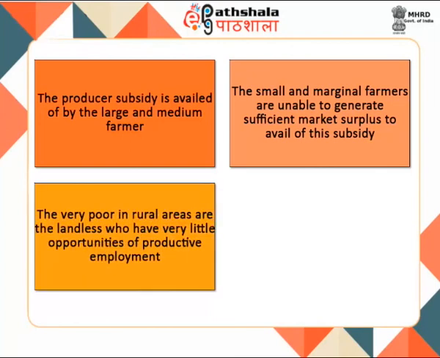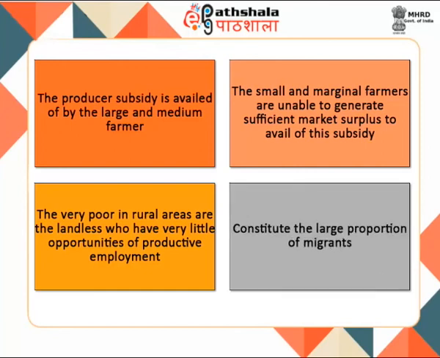The very poor in rural areas are the landless, who have very little opportunities of productive employment in rural areas and constitute the large proportion of migrants. A large mass of underfed and undernourished population cannot constitute the human capital to bear the responsibility of growth and development in India.